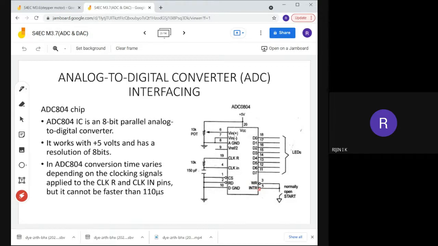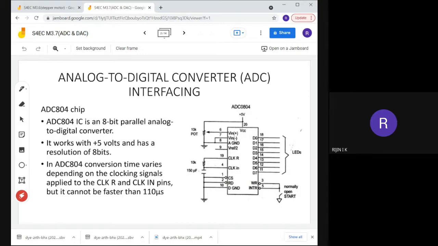Whenever the value of the INTR pin becomes 0, we can realize that the conversion process is over. Then after that conversion, by giving a low value to the RD pin, we can read the data. So these are the 4 important pins.